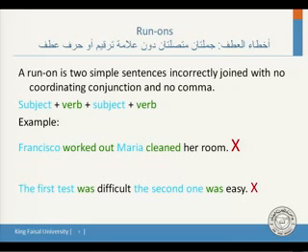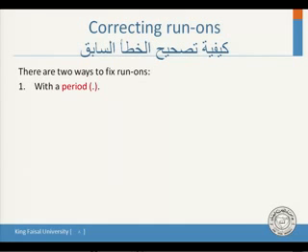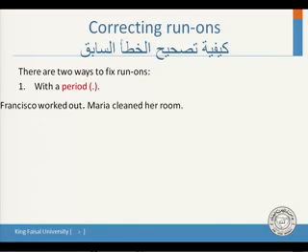We don't have any punctuation marks. Now, how do we correct these mistakes? There are two ways. We can correct them in two different ways. We can use a period, full stop. This is the easiest way.